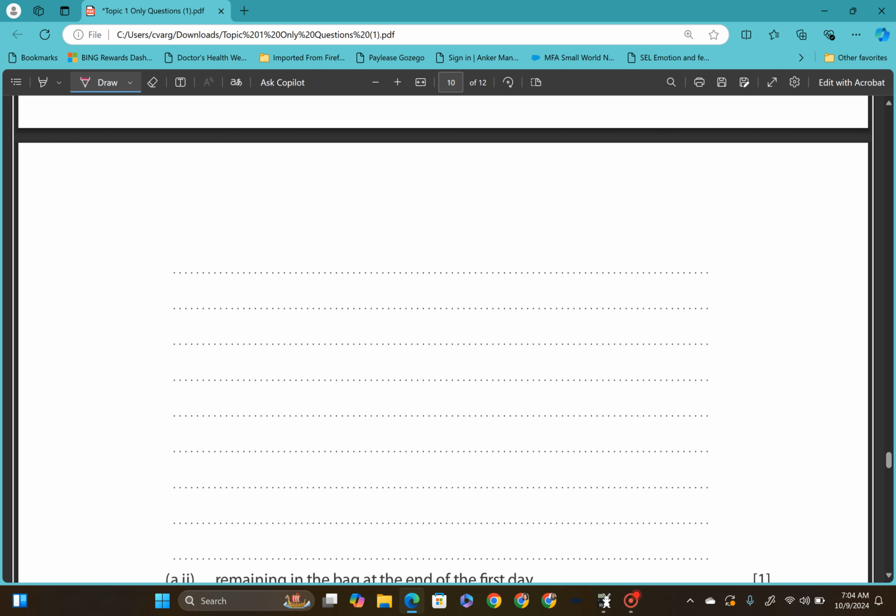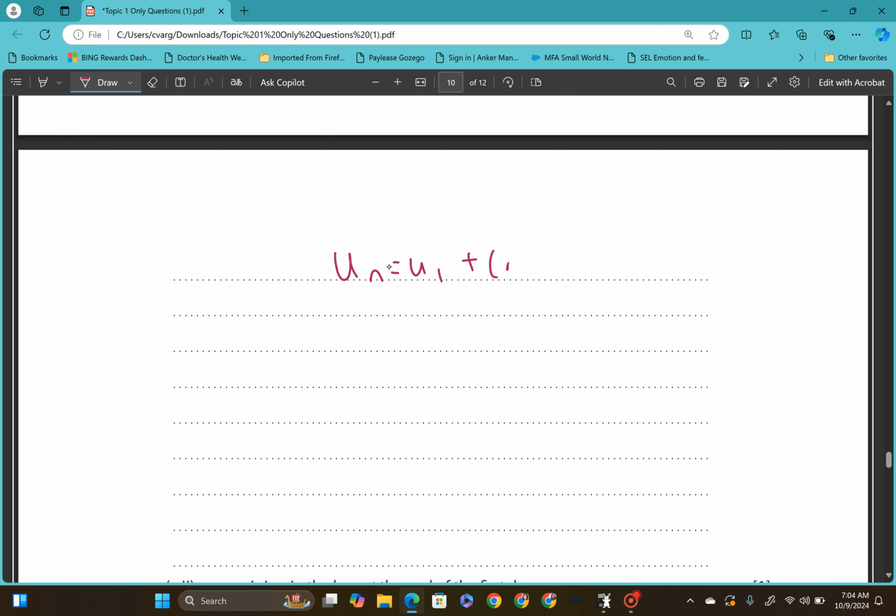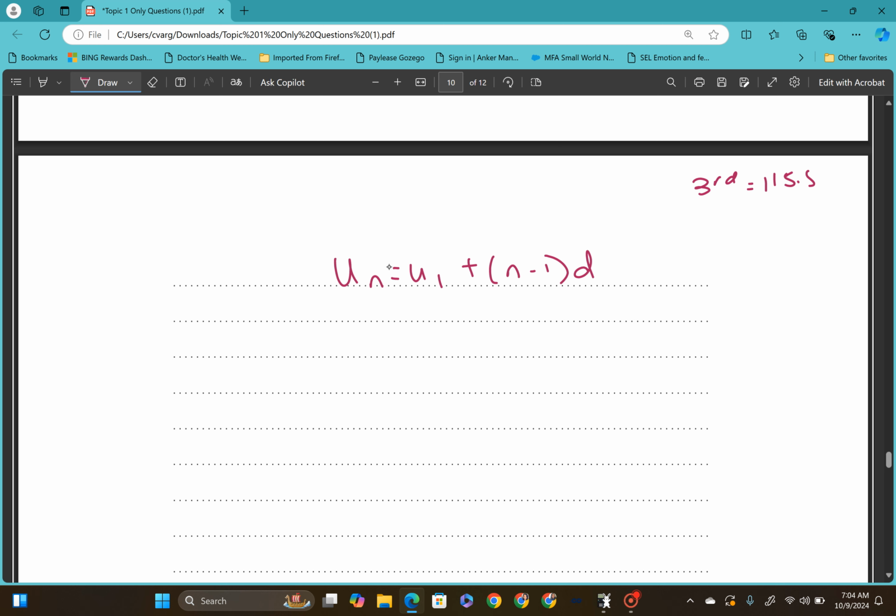We have to use this formula, Un is equal to U1 plus n minus 1 d. We're going to plug in what they gave us. Let's say we're talking about our third day.